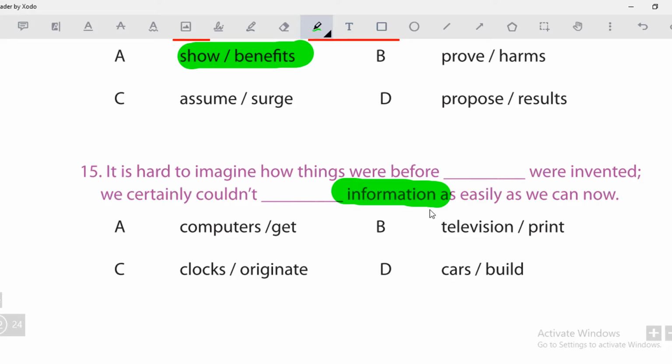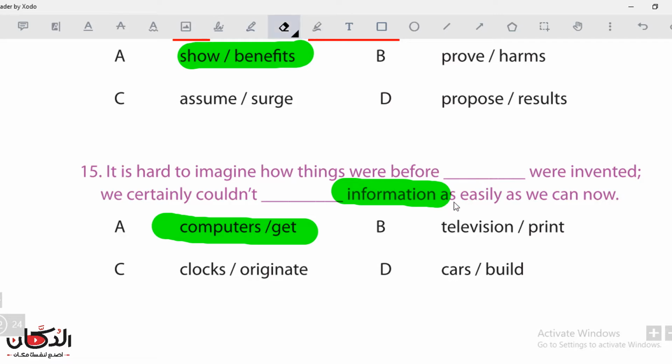Print information, maybe, but it doesn't relate to television. How do you print from the television? Build information, originate information, but it's clocks, so it doesn't make sense with information. So now you decide that the correct answer is A, computers and get.